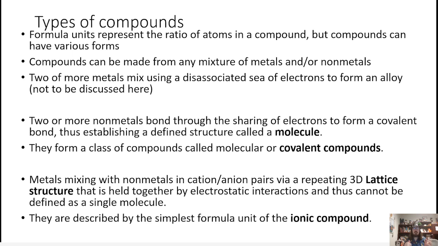Now, if we mix a metal with a nonmetal, it comes together in a cation-anion pair. So the positive charge and the negative charge pair up. But because of how this works, they don't just have one plus and one minus. They pair up in a repeating style of 3D lattice structure.